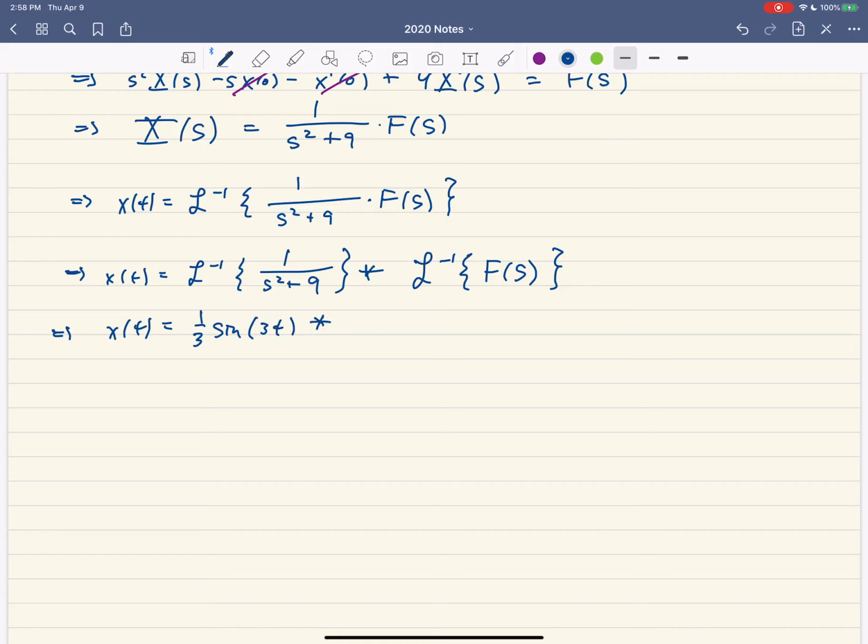And then we convolve that with the inverse Laplace transform of capital F, which is little f. And by definition of the convolution, this is going to be the integral of 1/3 sine of 3y times f of t minus y dy. And there we are.